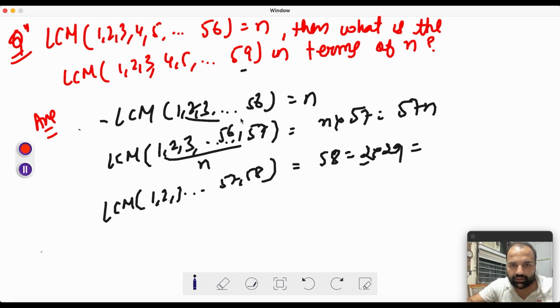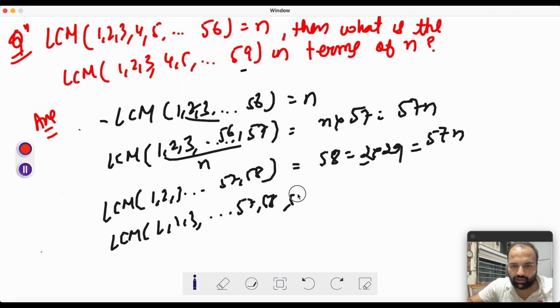In this series, n is the LCM, so n has taken everything, 2, 29, everything up to 56. So it will still be the same, 57n. Now we need to go to 59 again, LCM of 57, 58 and 59.